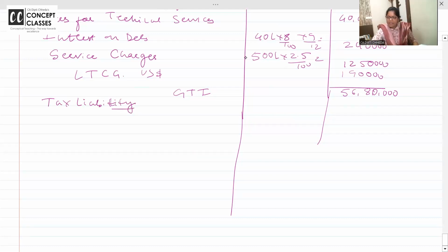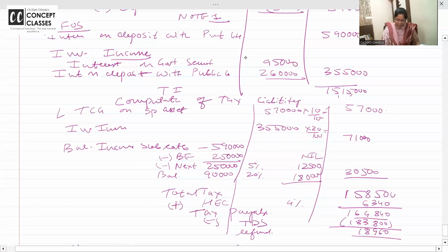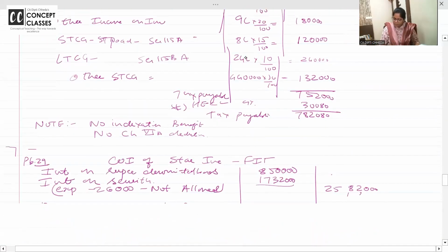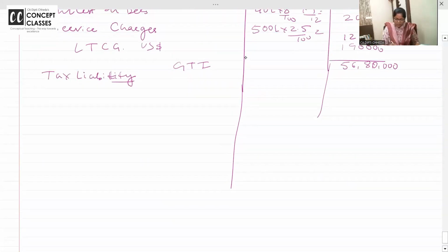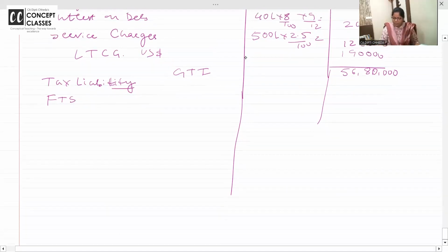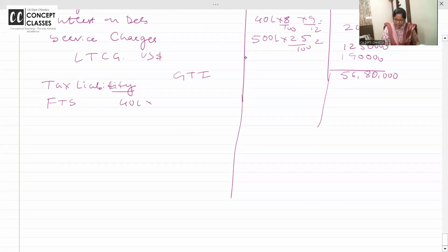Tax liability, we will take one by one for each one of it. What is the first one? Income, fees for technical services. It will be taxable at 10%, 40 lakhs at the rate of 10%, that is 4 lakh.